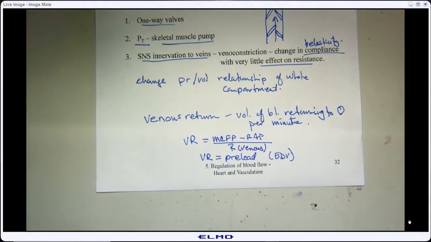And of course, we know that what you return to the heart totally dictates what you put out. Okay, if you're going to return less, you're going to put less out. We talked about the Frank-Starling effect. We talked about all kinds of reasons why that would be true. Okay, so essentially venous return is going to equal or dictate cardiac output.